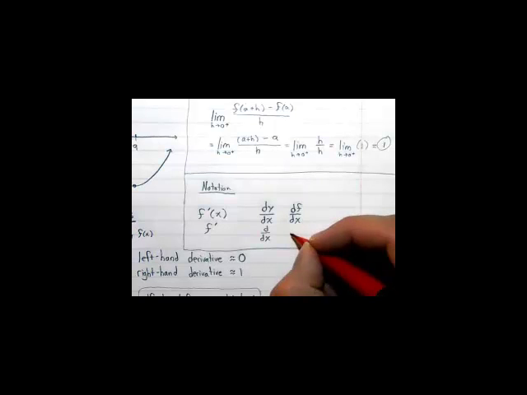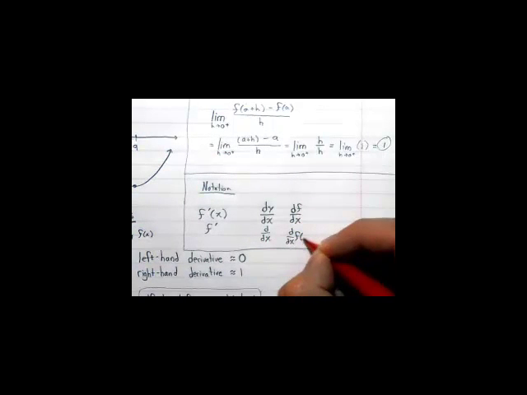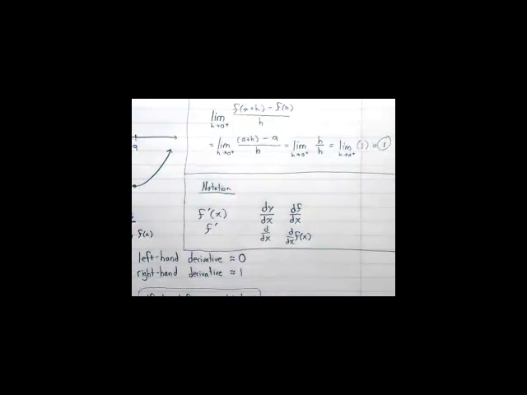And then there's also d dx of f of x. So you've got your Newton ones here, and then your Leibniz, all of these types of things. But every single one of these is really just the derivative of a function.